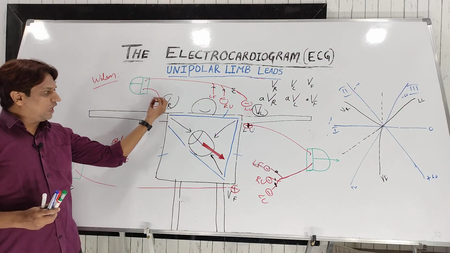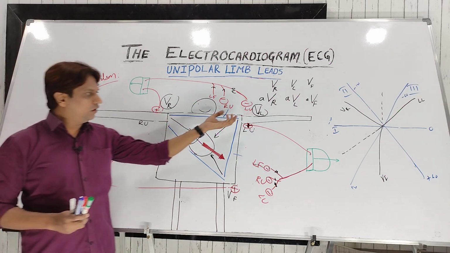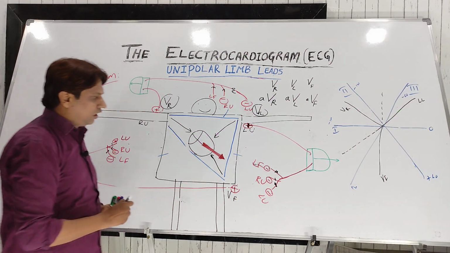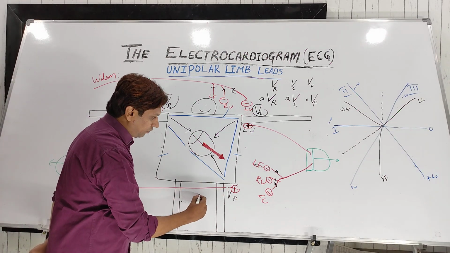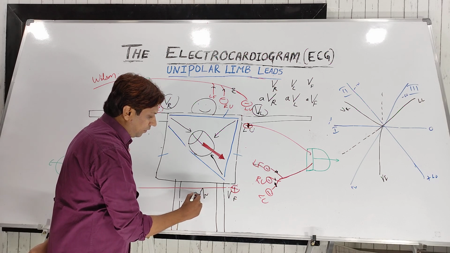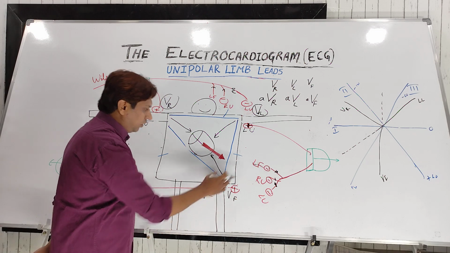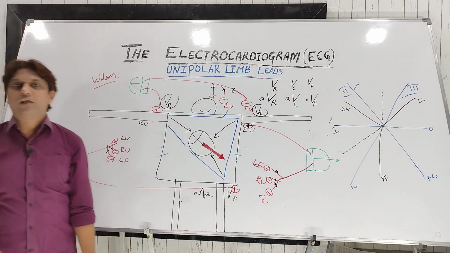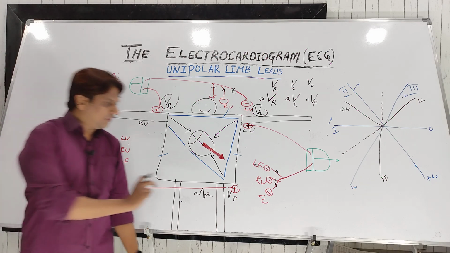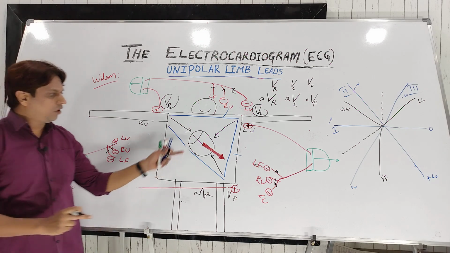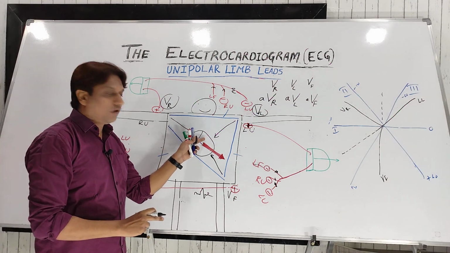With the help of this, we were able to record the electrical activity directly on the surface. For example, with VL, VF and so on, we could record the P wave, QRS complex and T wave, everything. But there was one disadvantage with Wilson's unipolar limb leads: the amplitude of the current recorded was very minimal, because the indifferent electrode was at the center.